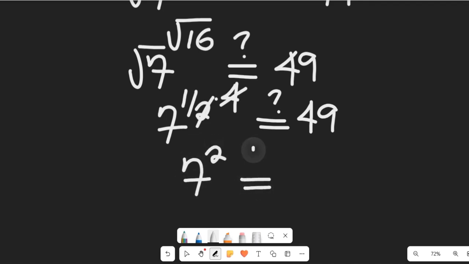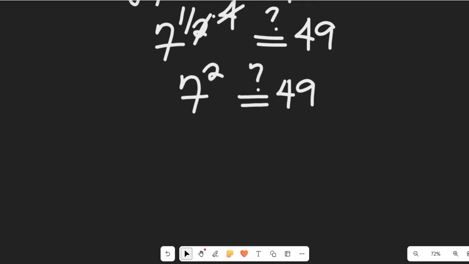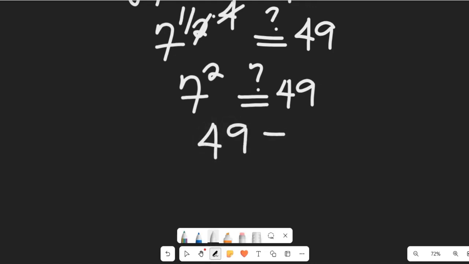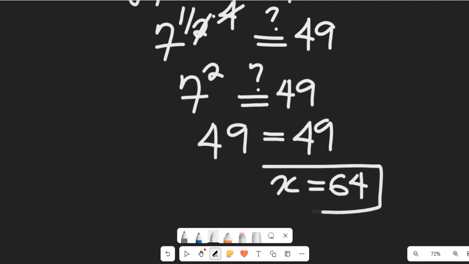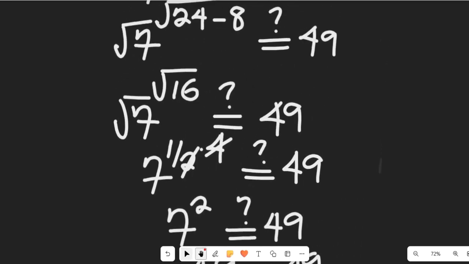Is it equal to 49? Of course, yes, it is 49. So if we simplify that, you find out that 49 is equal to 49. And that simply tells us that the value of x, which is 64, is the right solution for that math expression given to us up there.